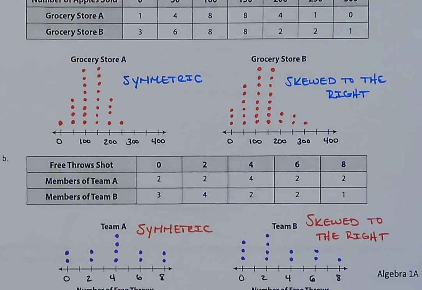And that is our answer for example 3, and how to represent a data set using a dot plot, and then going through and determining if it's symmetric or skewed to the right or left. So with that said, that is it for our notes on section 9.2 and how you make a dot plot.